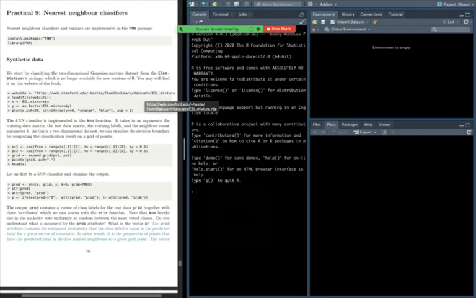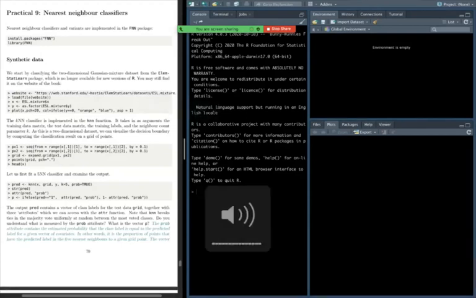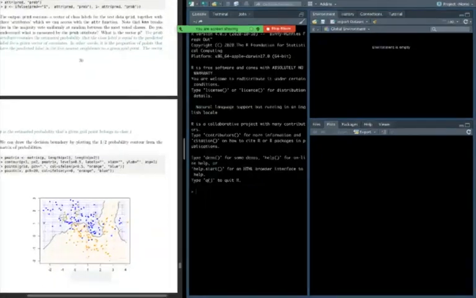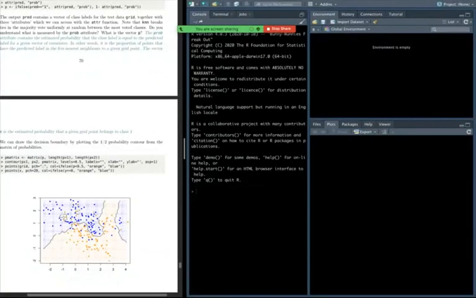I was wondering if you could explain in a bit more detail why we sample with replacement when we do bagging. Okay. So, firstly, you can do both.